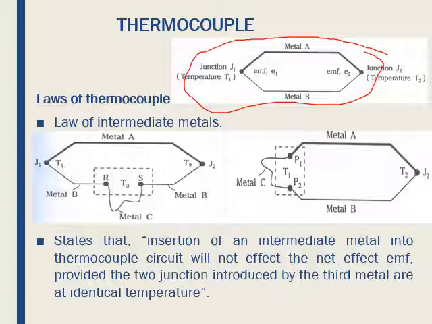Remember that a thermocouple cannot be formed if there are not two junctions. Since the two junctions are maintained at different temperatures, the Peltier EMF is generated within the circuit, and it is a function of the temperature of the two junctions.